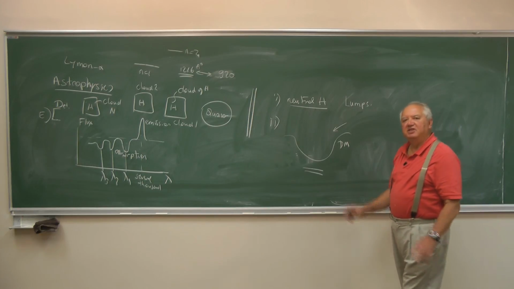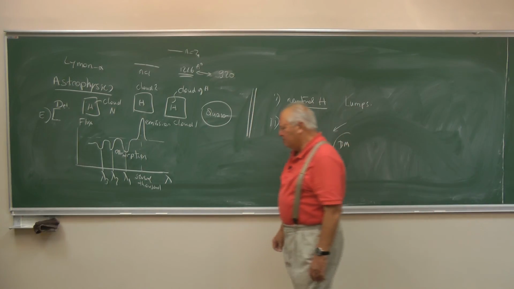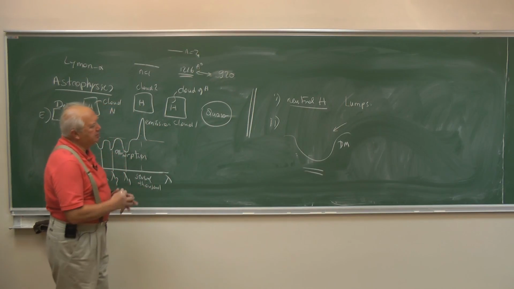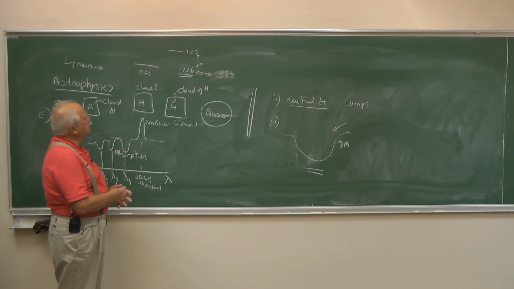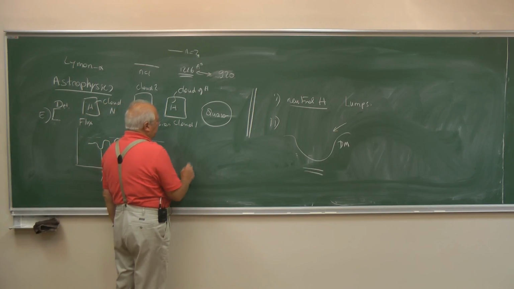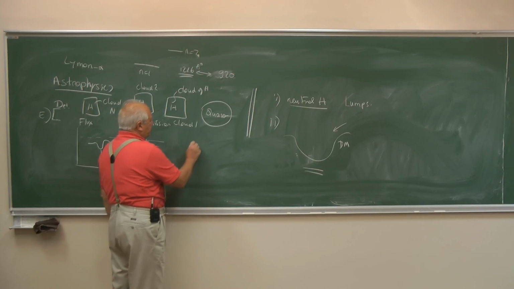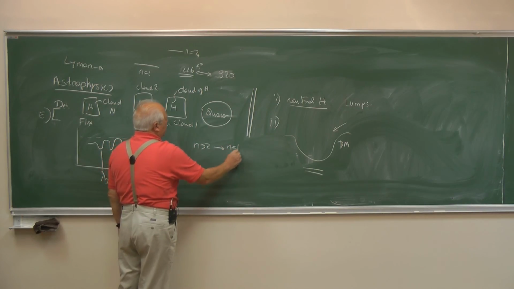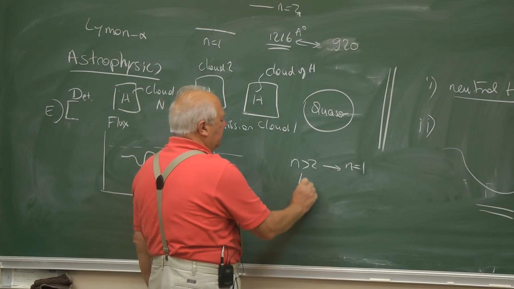Okay, let me just summarize in a few words. We looked at the dipole radiation from levels n larger than 2 to n equals 1, the ground state. These are the Lyman transitions.